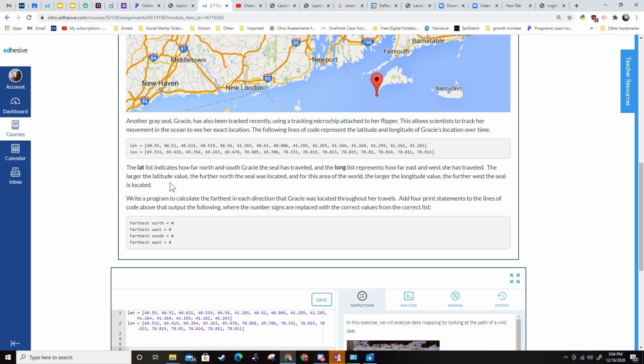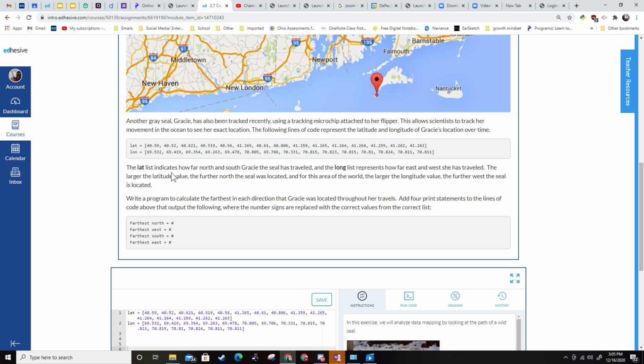From these two sets of data, you need to be able to calculate the following things. What is the farthest north number? What is the farthest west number? What is the farthest east? And the farthest south.